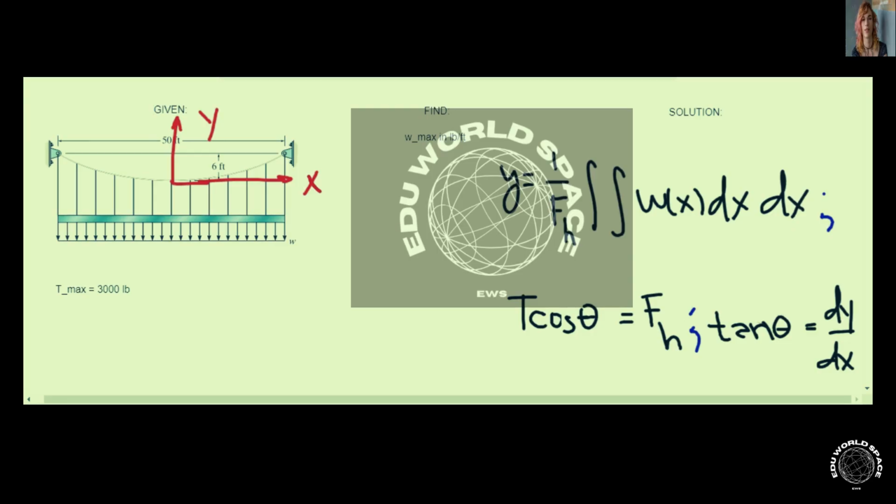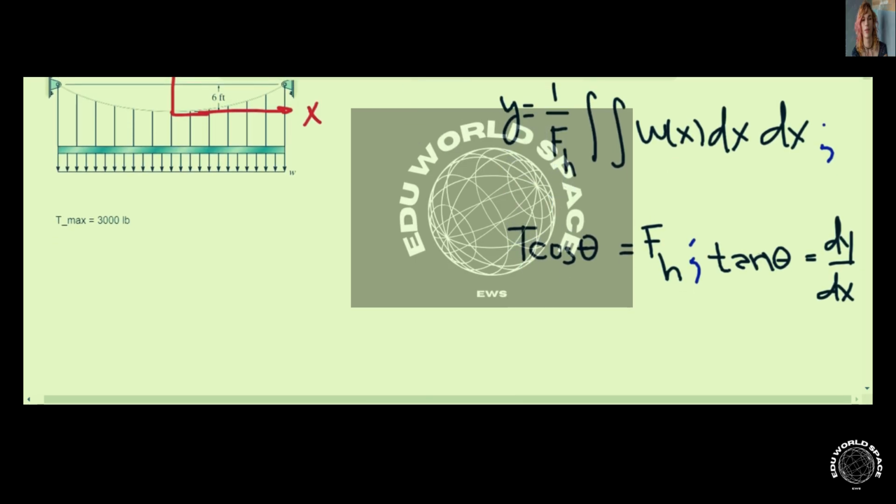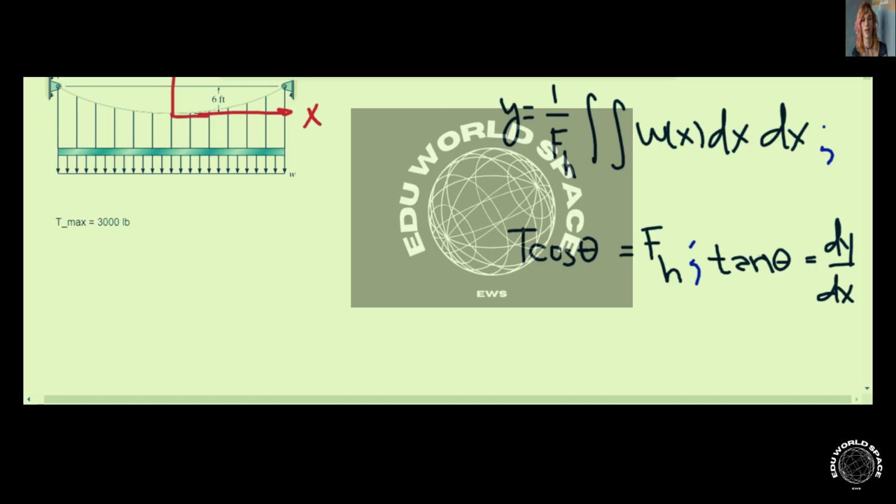Now, the first thing we need to do in order to solve this problem is derive the curve of the cable using the first equation that was written on the board. Because the distributed load is supposed to be a function of x, and we do not have one, we can simply replace w of x with w, because it's given in the problem.